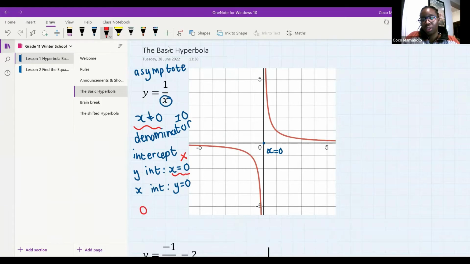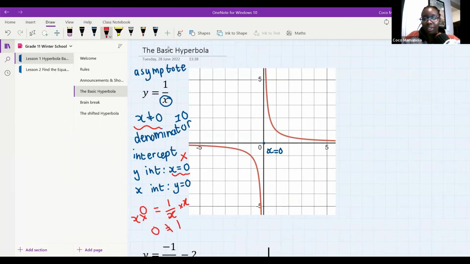If I go 0 is equal to 1 over x, and then I try to solve for x, to get x out of the denominator, I'm going to have to multiply each side by x. That would get rid of the x's. Then x times 0 is going to give me 0, and on this side, I'm going to have 0 is equal to 1.